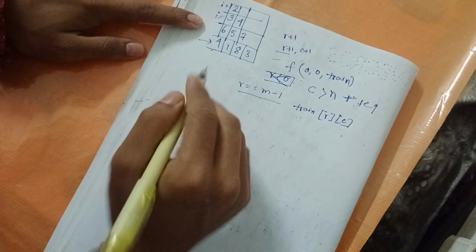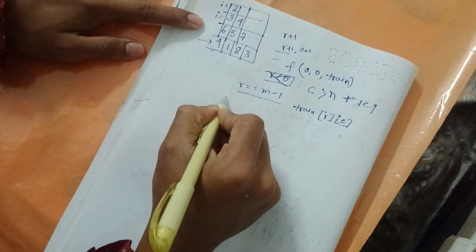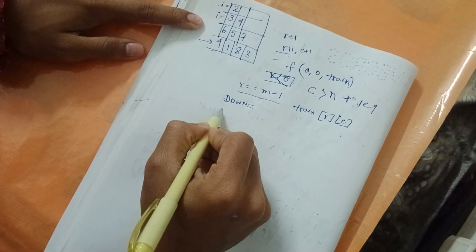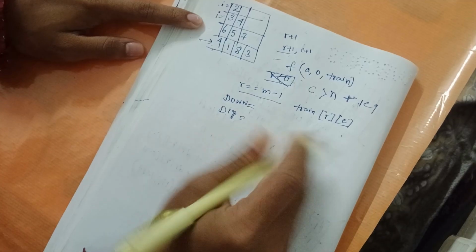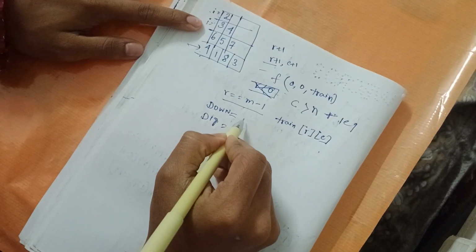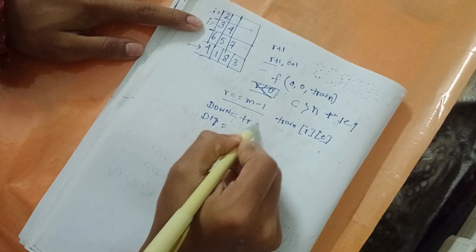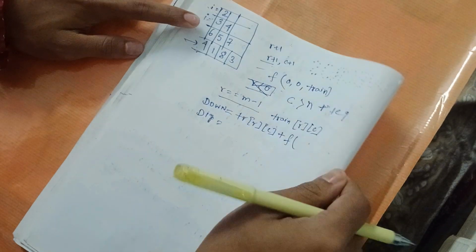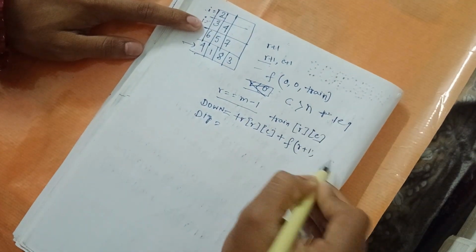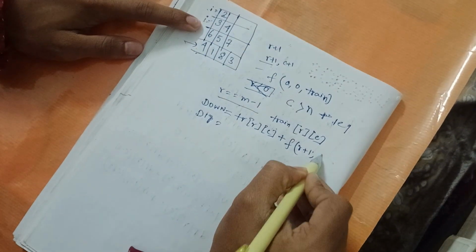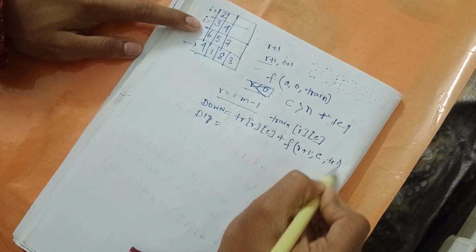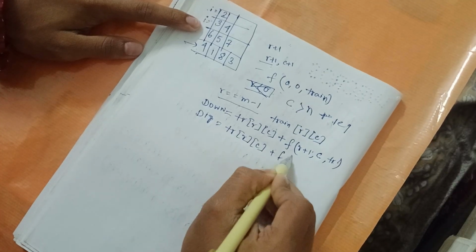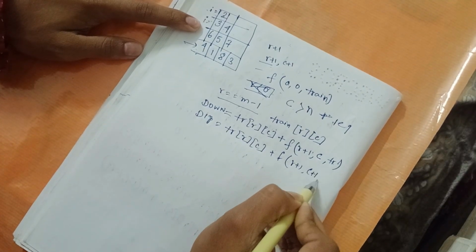Then I find the down and diagonal values. For down, you write triangular[r][c] plus f(r plus 1, c), and for diagonal, triangular[r][c] plus the function of (r plus 1, c plus 1).